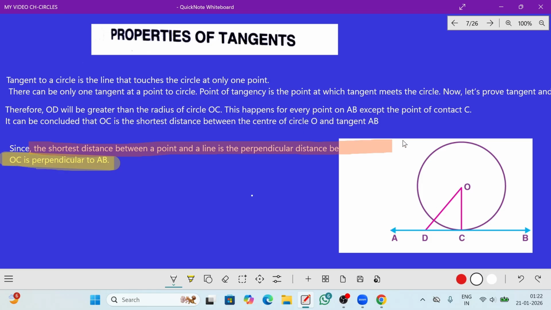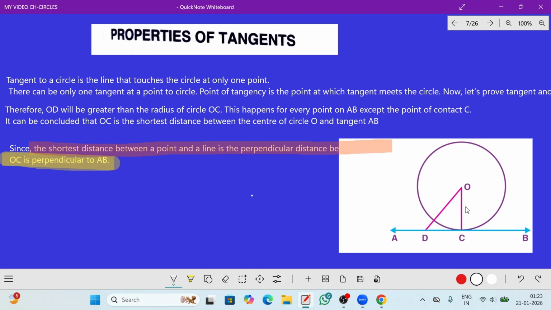Then the properties of tangent are, now if you have a circle with center O, AB is a tangent, and on the tangent there is a point D. And this is the point C, which is the point of contact of the tangent.